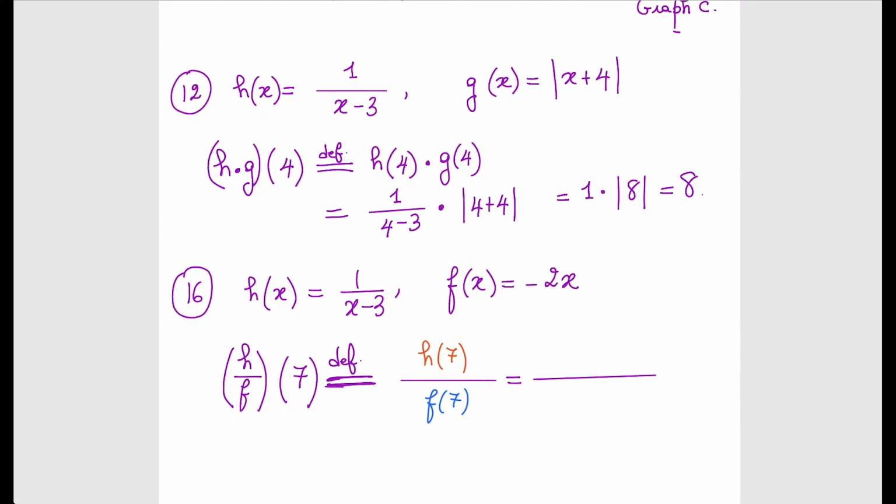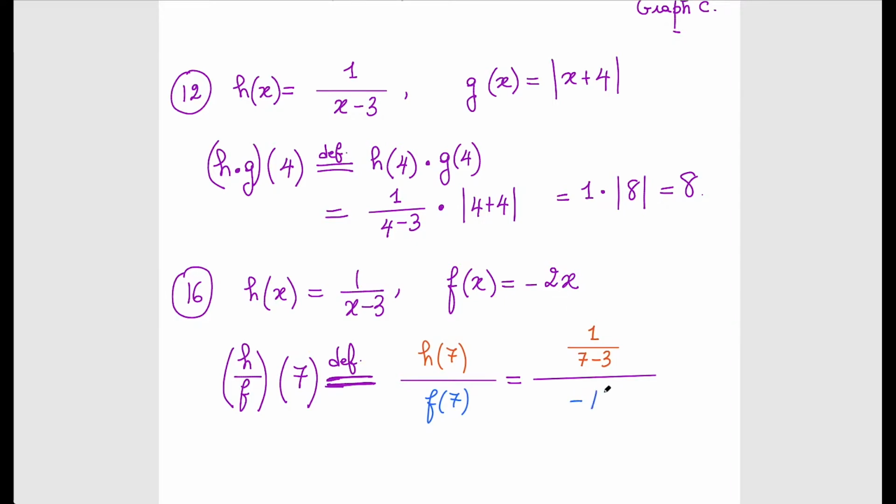The top one is h of 7, which is 1 over 7 minus 3, because x is 7 this time. And f of 7, that's the blue output. f of 7 is negative 2 times 7, and negative 2 times 7 is negative 14.